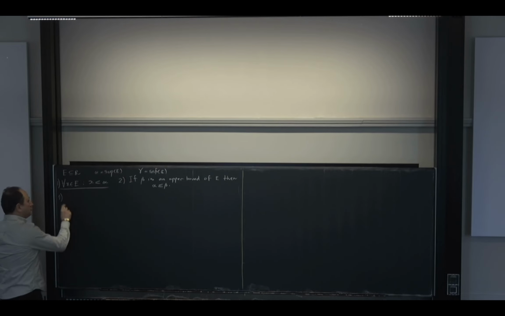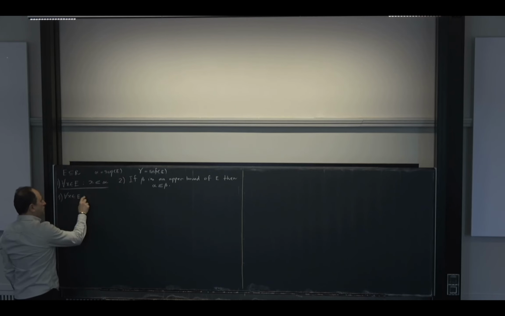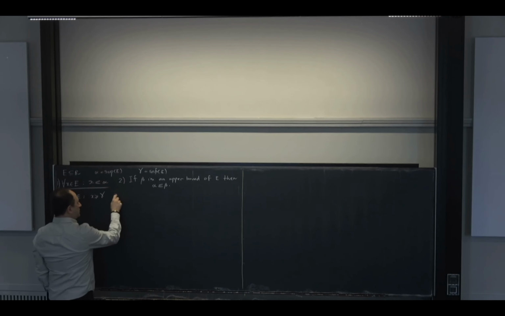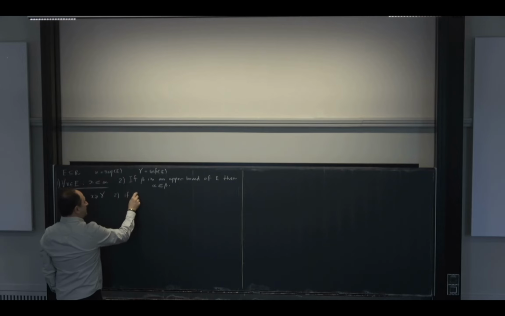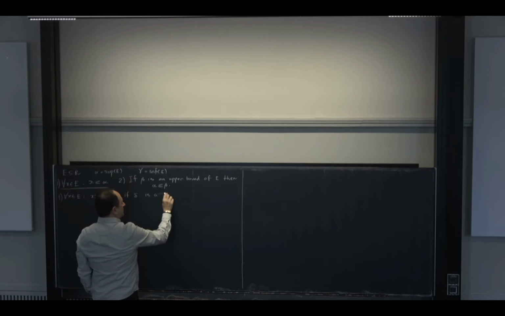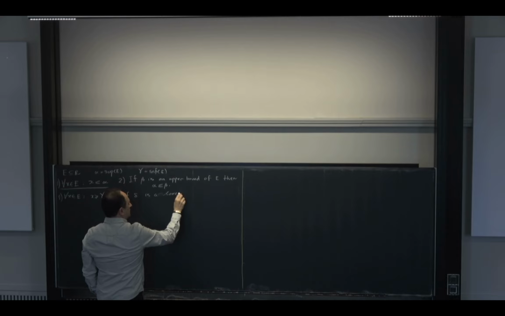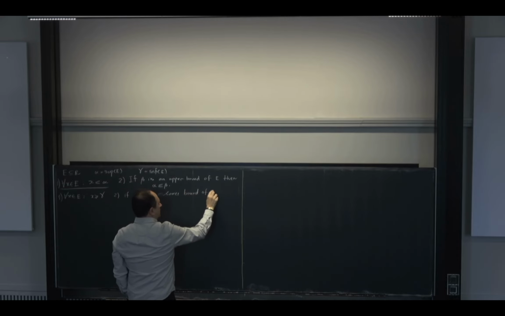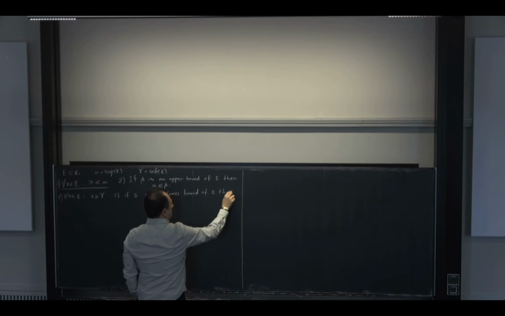It's the biggest. For every x in E, I should prove that x is greater than or equal to gamma, or gamma is less than or equal to x. But this is not finished. Number two, I would say that if delta is a lower bound of E, then can you complete it for me?